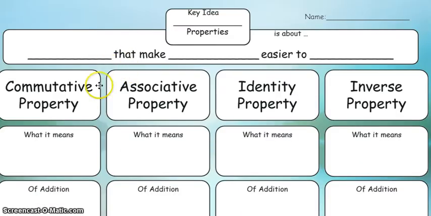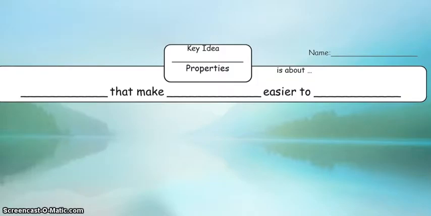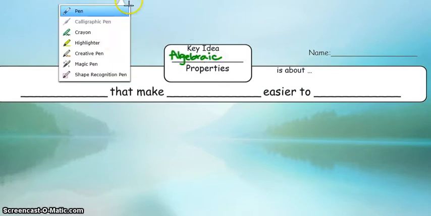Alright. That was really good. I liked that one. This is your frame. We're going to go to that key topic, our key idea, and the is about statement. So your key idea today is algebraic properties. Algebraic properties.